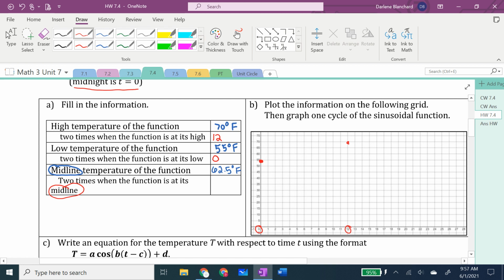Because as you go back and forth between the high and the low, it goes through the midline halfway through every single time. So what is a time when I'm at my midline? Six hours, right?